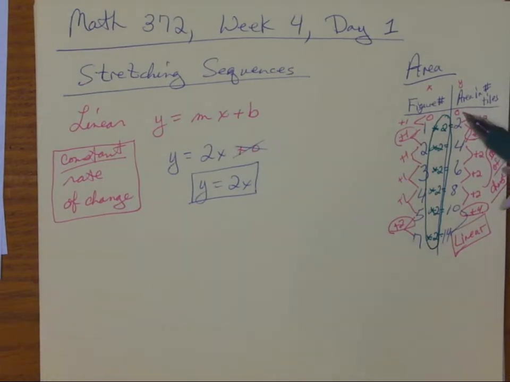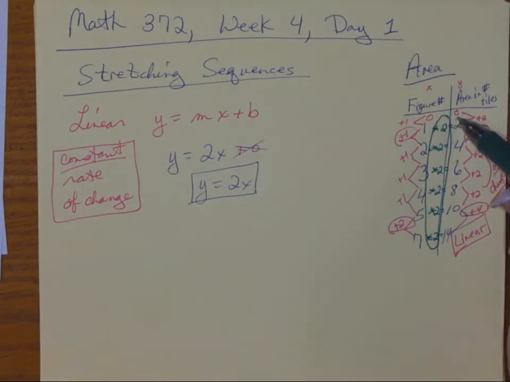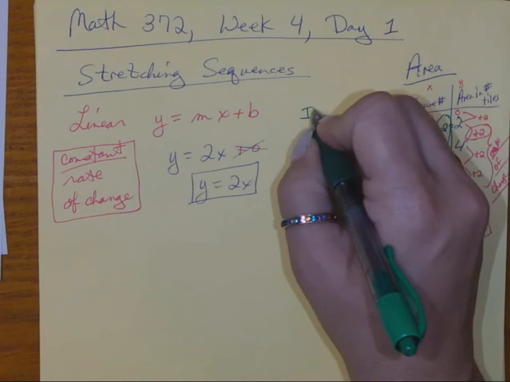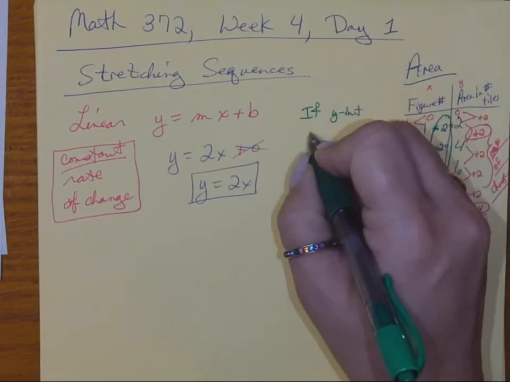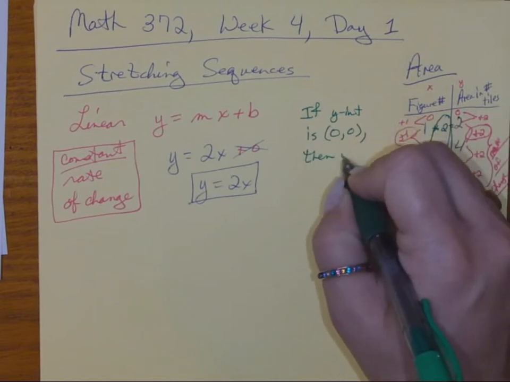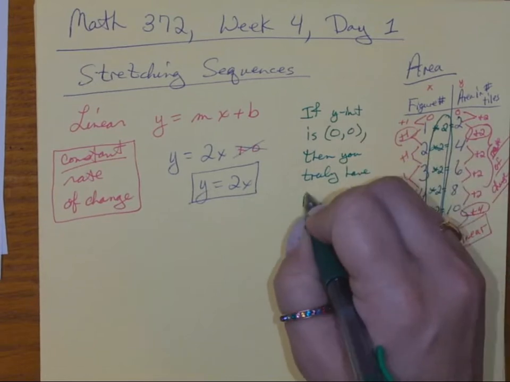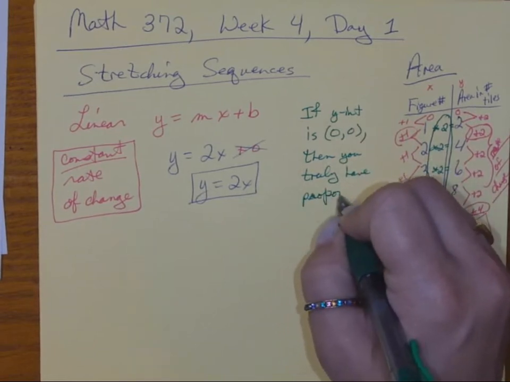The nice part about this, I mentioned whether something was proportional or not, and you may know from some definition in the back of your brain that these functions are always proportional whenever, if you think in algebraic terms, the y-intercept is 0, 0. So if the y-intercept is 0, 0, then you truly have a proportional relationship.